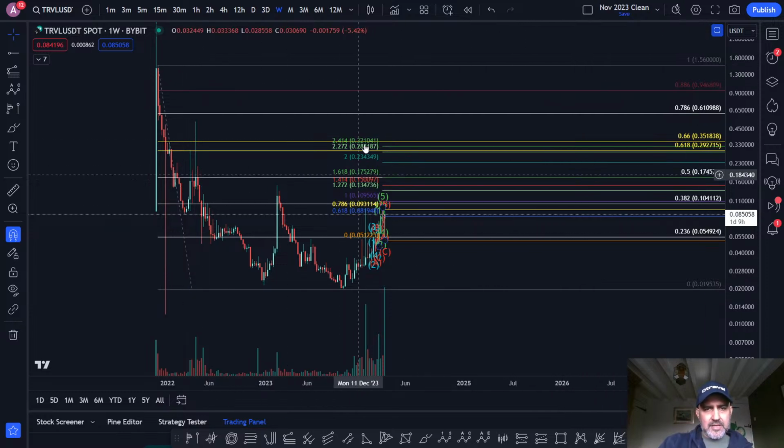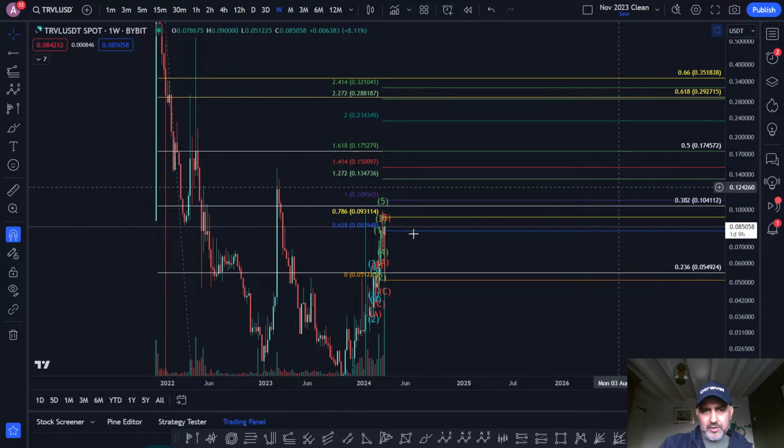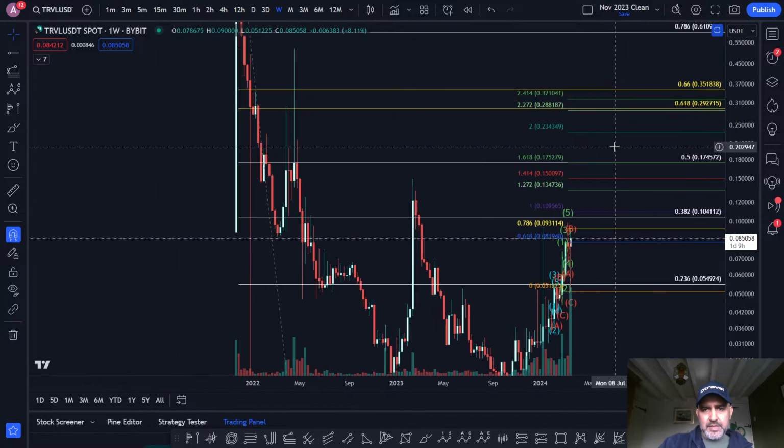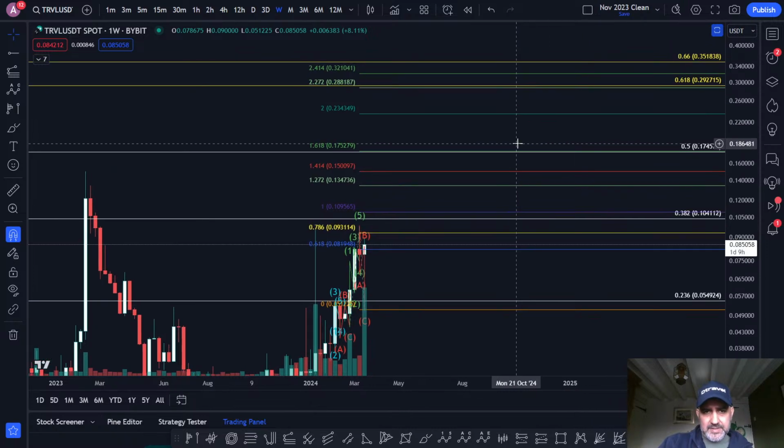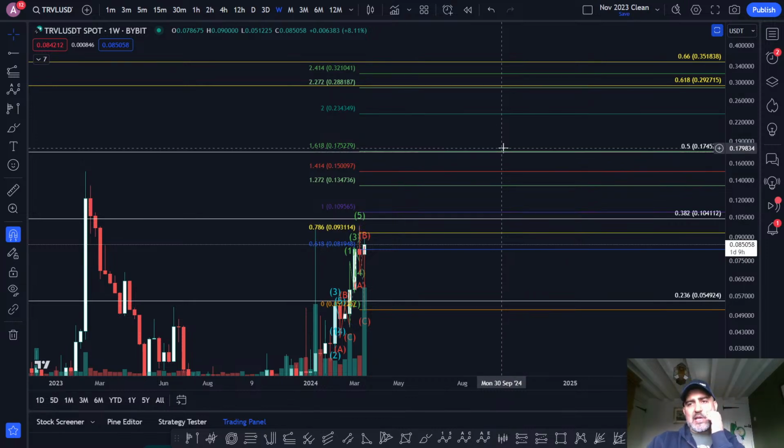Okay, and you have a fib retracement on the log scale, and you can clearly see two things. You can see really nice alignment of the 1.618 with this 50% mark, and you can see really nice alignment with the 2.272 and this 618.